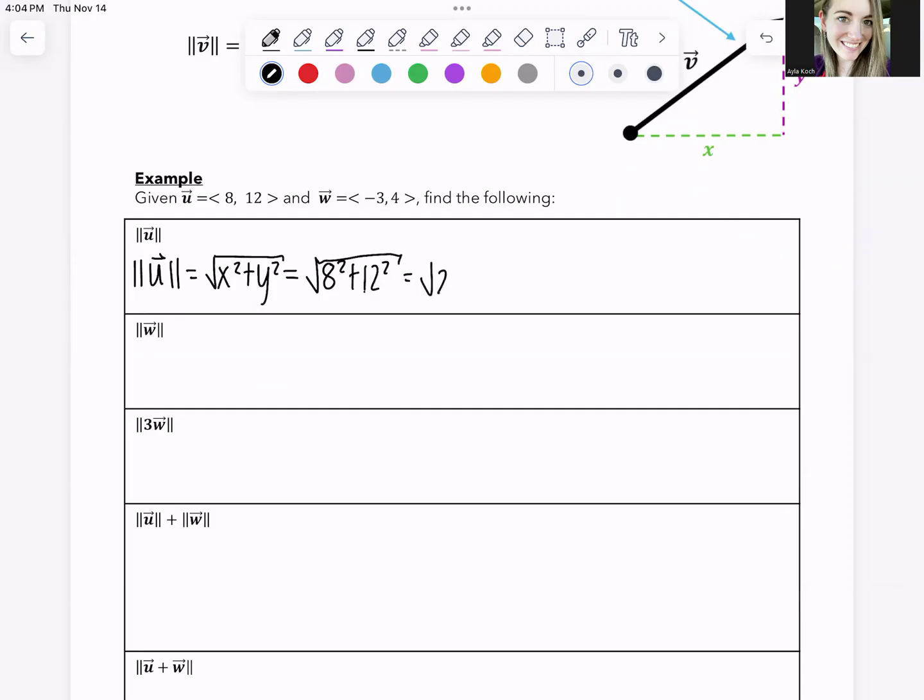That's going to be the square root of 208, which is 14.42. I didn't say round to the nearest anything, but say round to 2 decimals. That's the length of that vector.